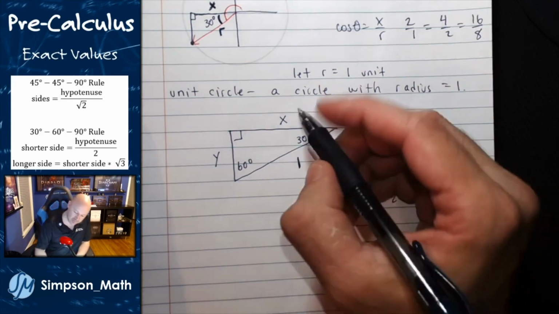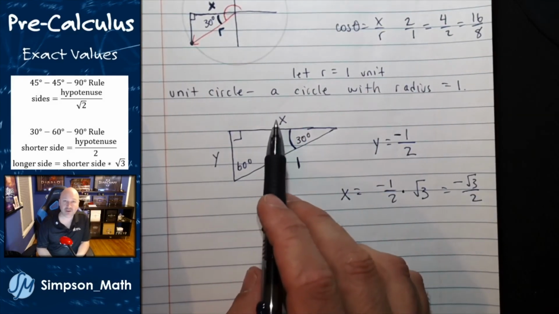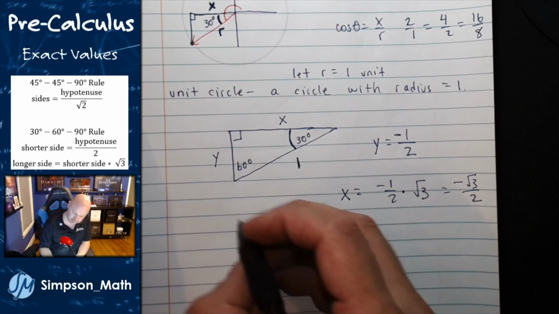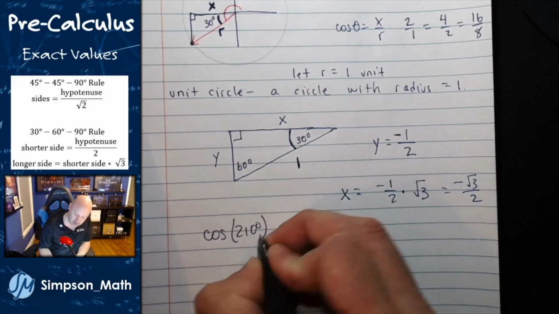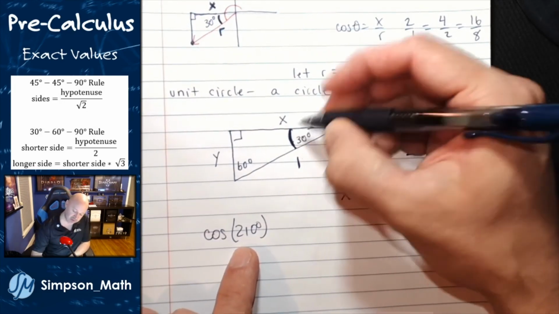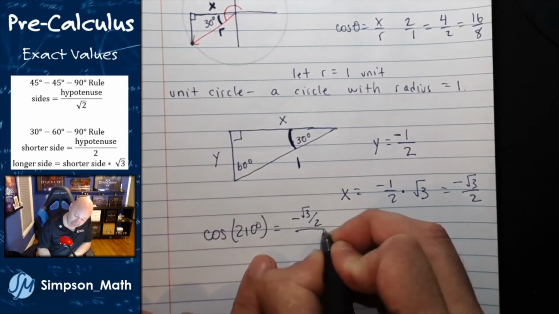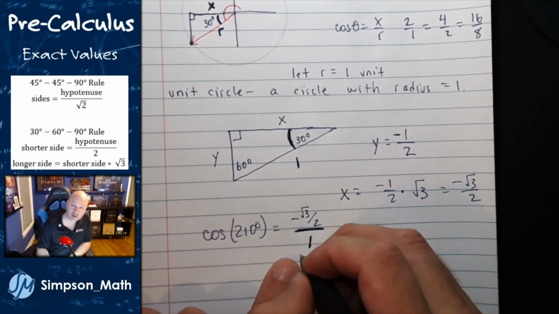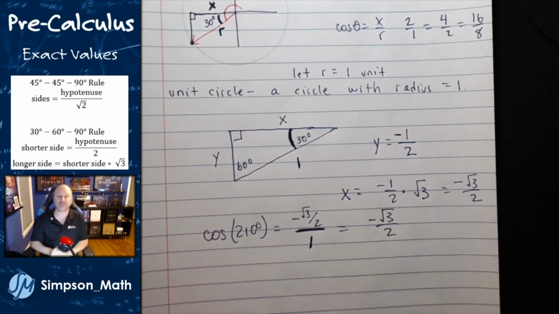And cosine of this reference angle would be the x value over the hypotenuse. So cosine of 210 degrees uses this reference angle. This reference angle has an x value of negative root 3 over 2 and a radius of 1, or simply negative root 3 over 2. Cosine of 210 is negative root 3 over 2.